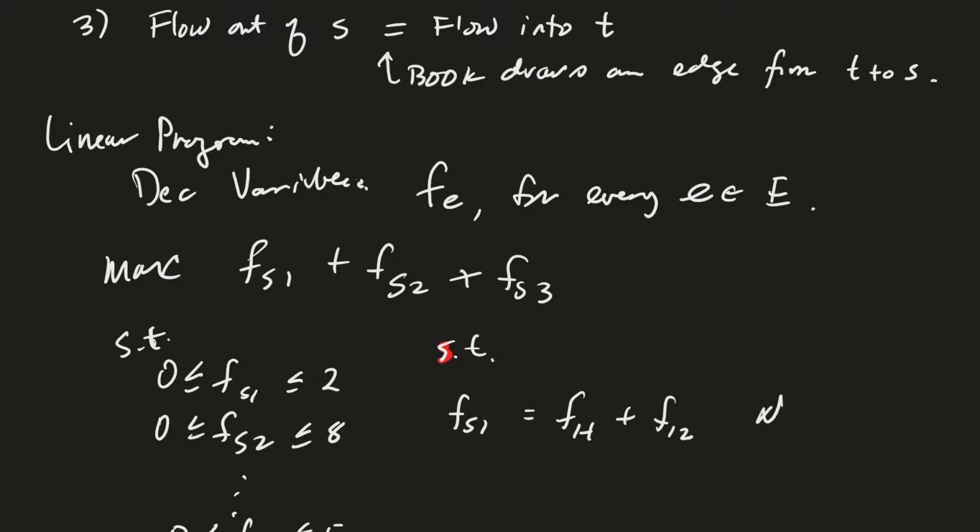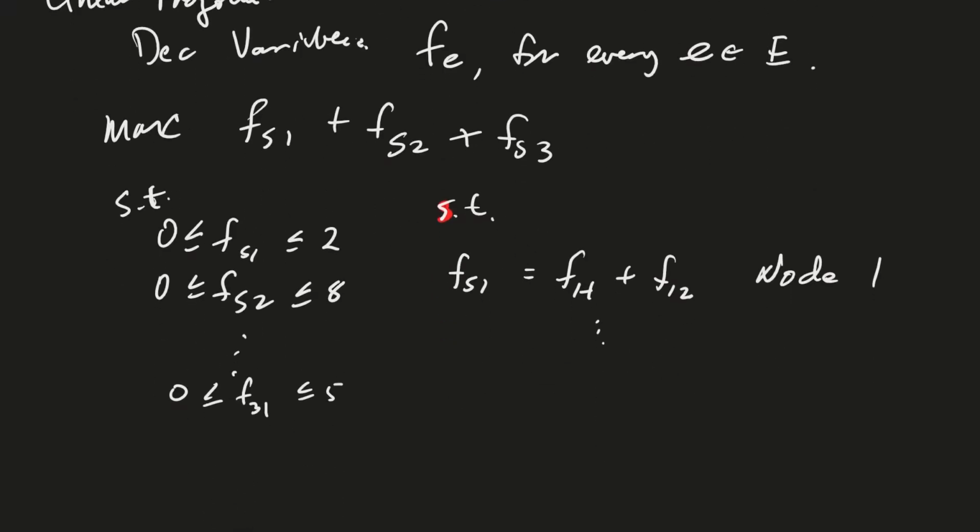And you can read the other ones in the notes. I just wanted to mention this because we're not actually solving this linear program, but you could if you wanted to. Okay. Good. All right. And so let's get back to our problem then.